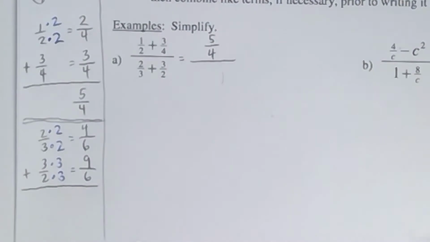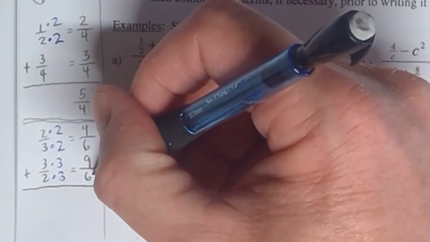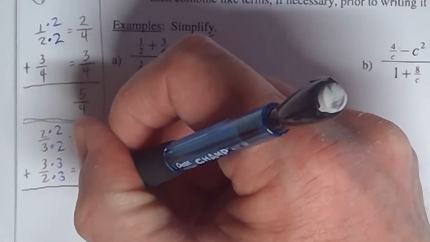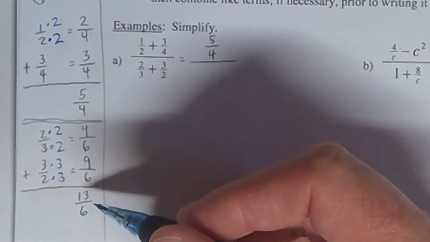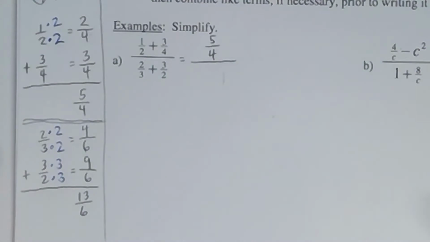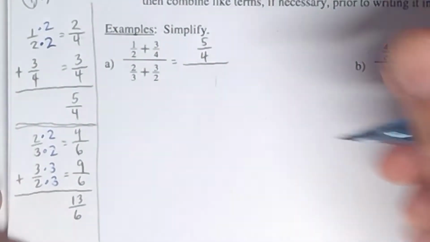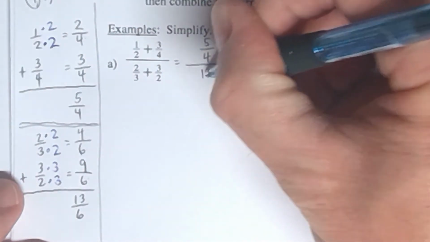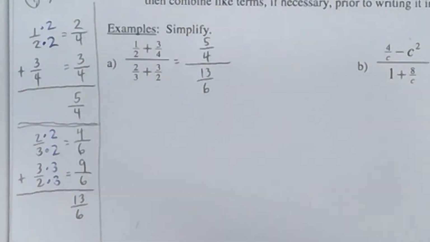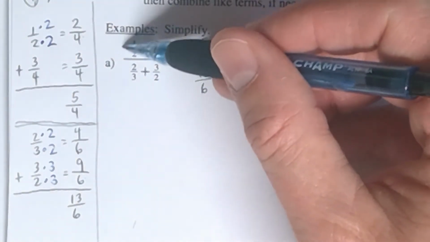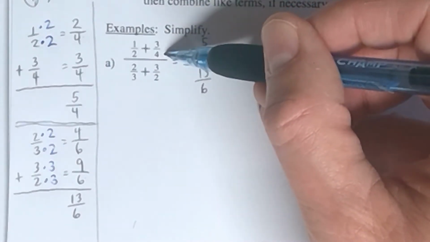Okay, so now that the denominators are the same, I can add the numerators together since it's an addition problem on this step. The denominator again stays the same when you add and subtract. All right, and we end up with 13/6, like that.